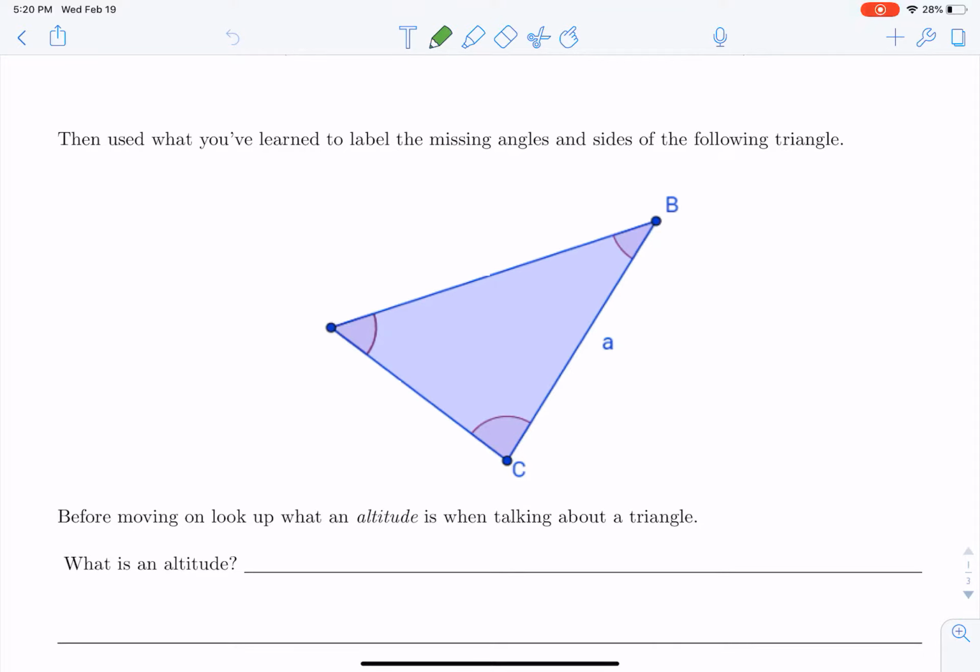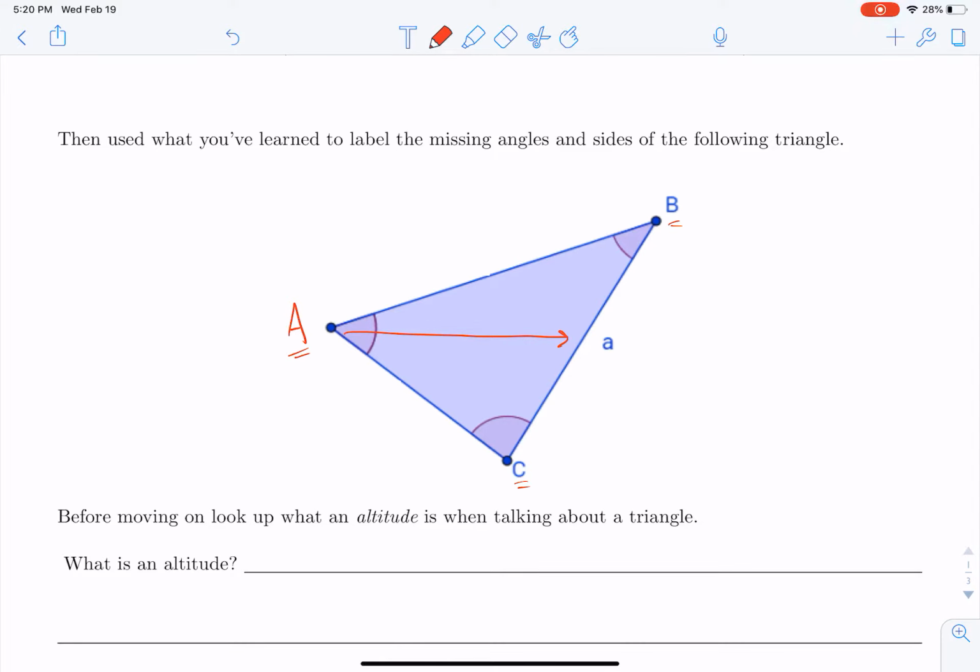It's important to know that typically we'll label a triangle as A, B, and C, and angle letters are always capital letters. Side lengths are always lowercase letters, and the side lengths are always directly across from their angle label.